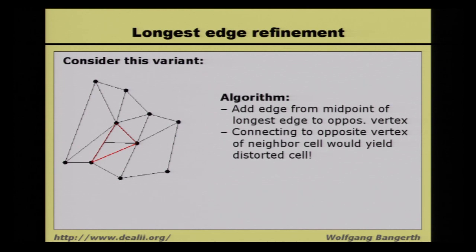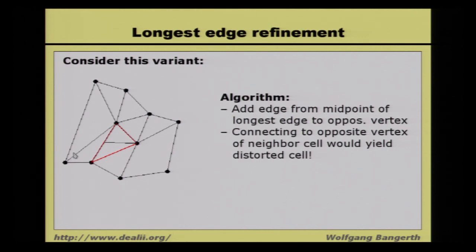So one of the things that we will do in these sort of cases is, instead of always unconditionally running a new edge from this new midpoint of this edge that we have refined all the way over to the opposite vertex, we're only going to do this if the edge that we have just refined is in fact the longest edge also of this neighboring cell. That's not the case for this one here.